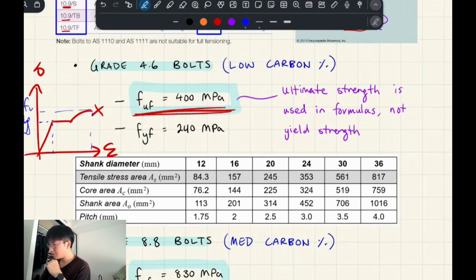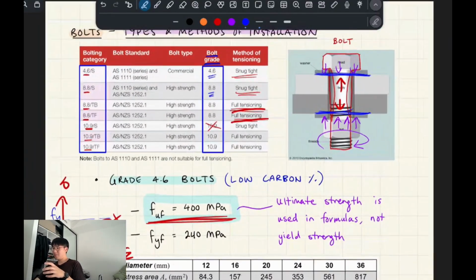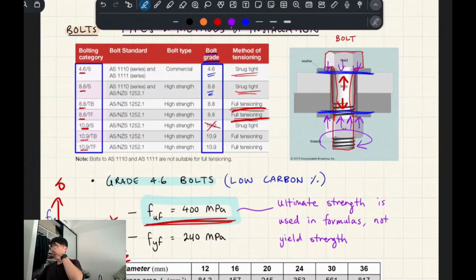For bolts, sometimes we actually want it to yield, because it behaves in a ductile manner. For the fully tensioned bolts, you actually want them to yield so that they're unable to be loosened due to cyclical loads. For example, wind blowing on a building and then not blowing, and then blowing again. It'll loosen the bolts over time if it's just snug tight.